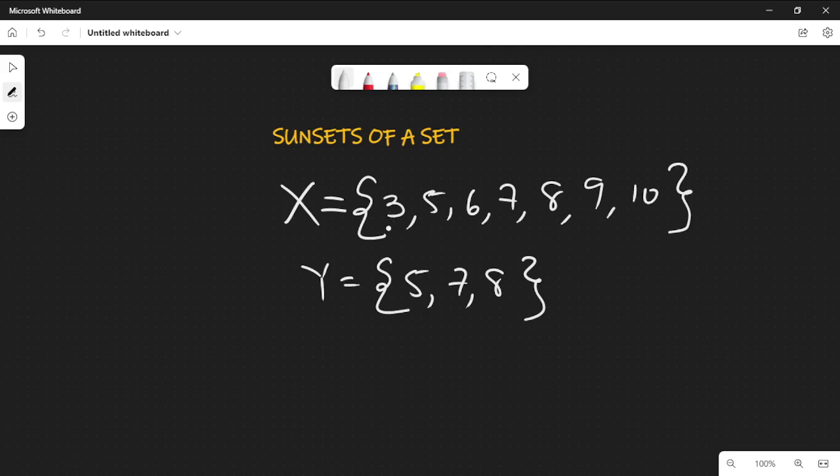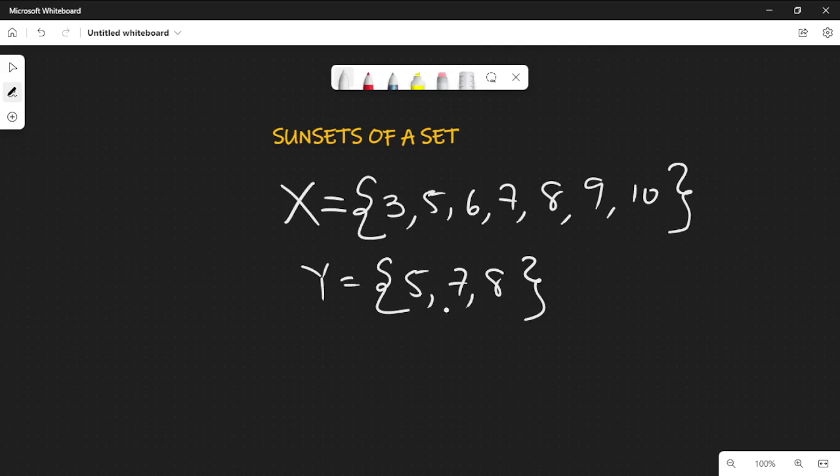I'm trying to explain the concept of subset now. So if this is set X and this is set Y, Y is said to be a subset of X. Why is it a subset of X? Because the whole of the elements in Y, they are elements in X. Do you understand that now?